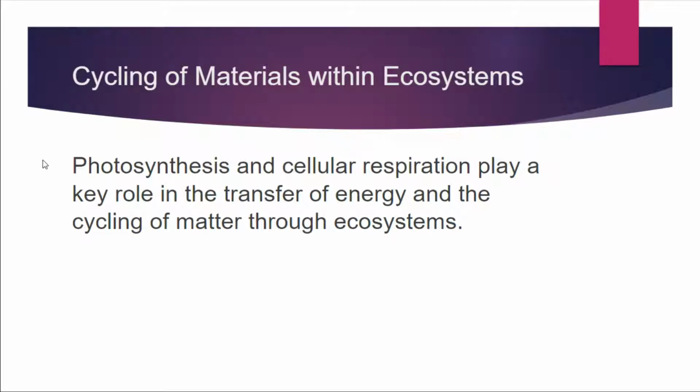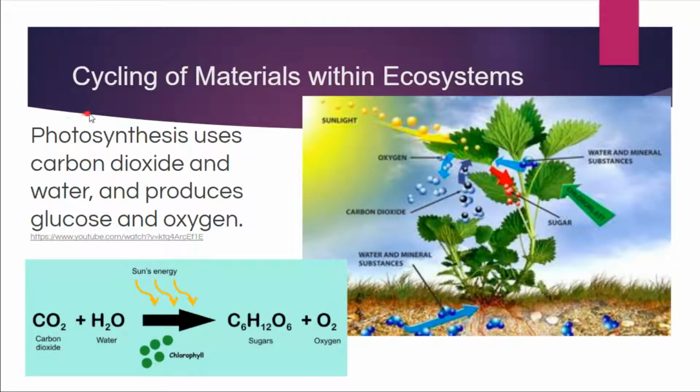Continuing on with the cycling of matter within ecosystems, photosynthesis and cellular respiration play a key role in the transfer of energy and the cycling of matter through ecosystems. Photosynthesis uses carbon dioxide and water and produces glucose and oxygen.